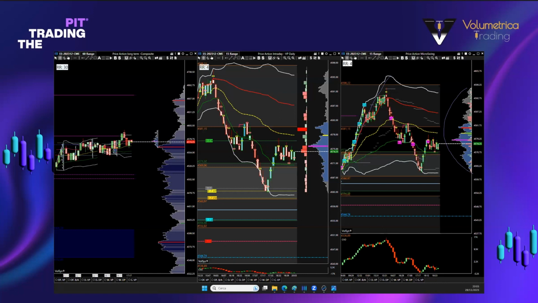At the same time, we can see that once we add this move to the downside, we have touched another interesting level here. This one was slightly missed as well, but we always have to consider those levels as areas, not exactly lines.